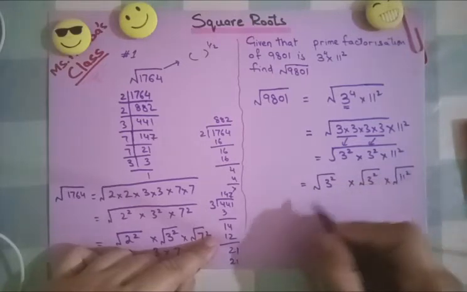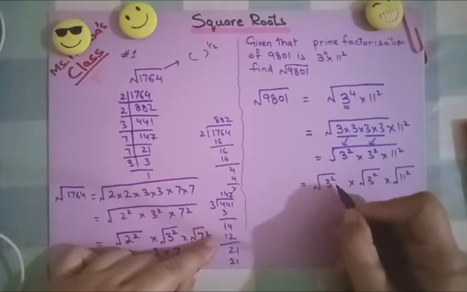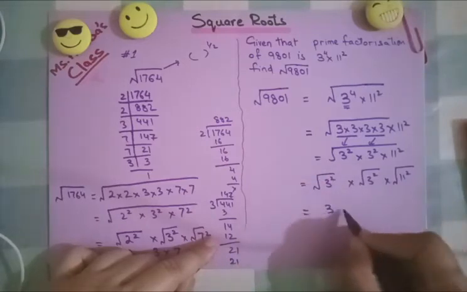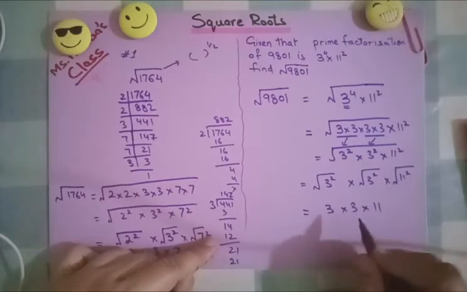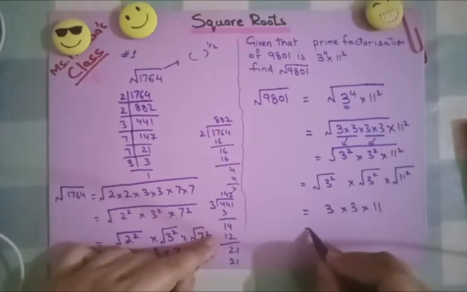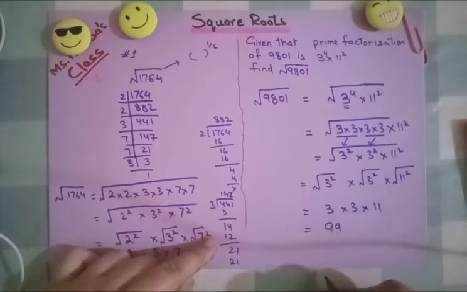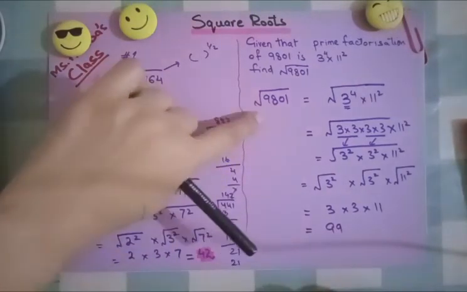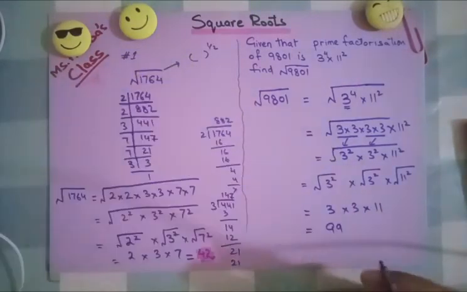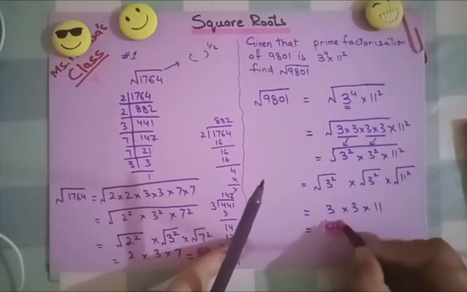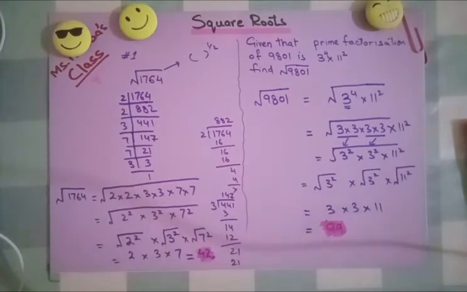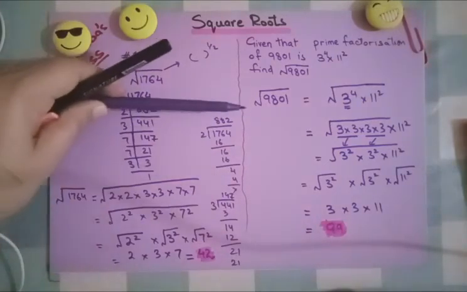They both are inverses of each other, so they will cancel. 3 multiplied by 3 multiplied by 11, so 3 3s are 9, and 9 into 11 is 99, which is our square root of 9801. You can check it by multiplying this number with itself, 99 into 99, it will give you exactly 9801.